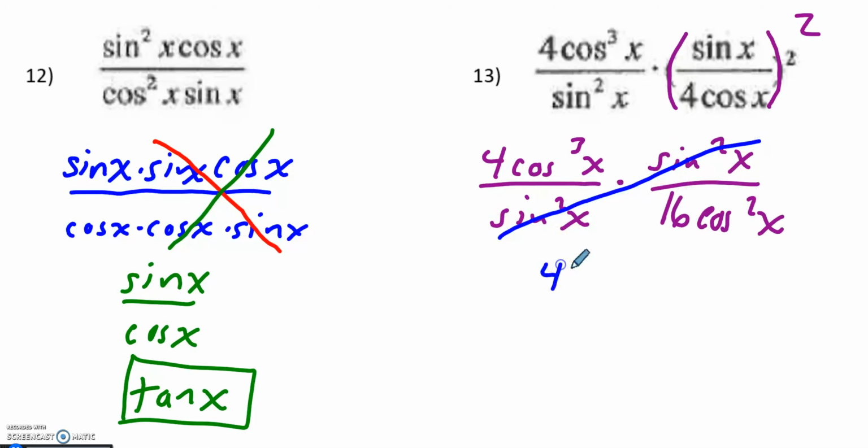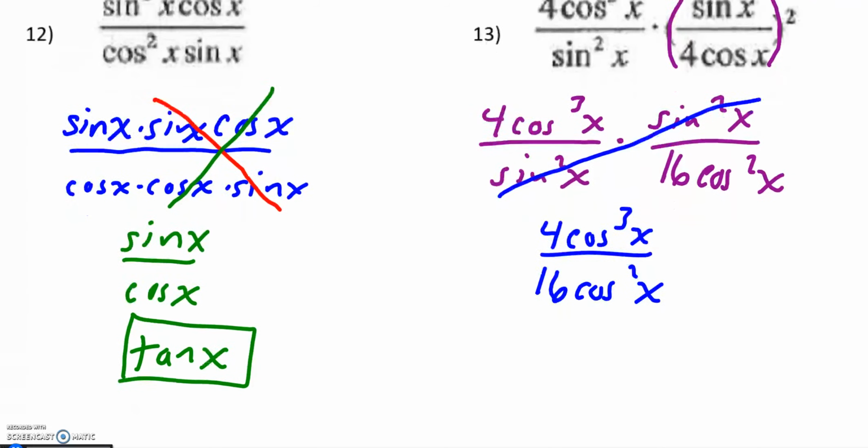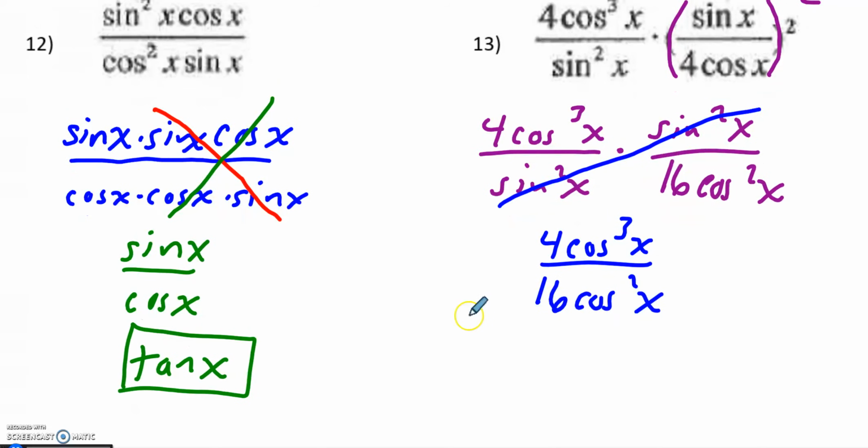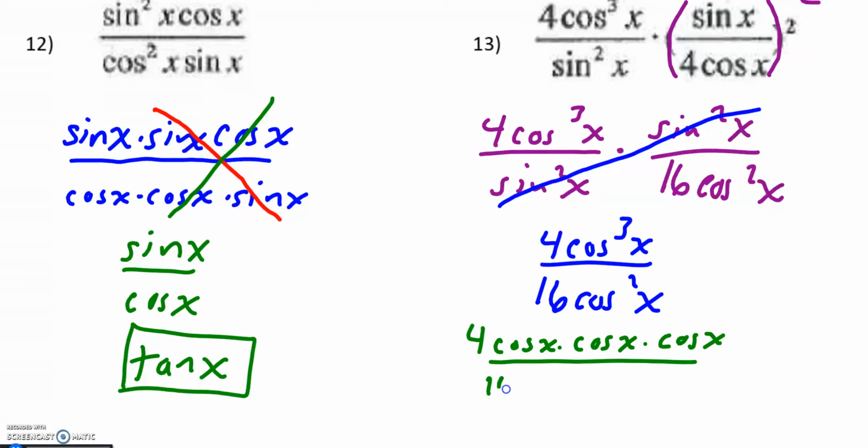So if I write what's left over a little bit more neatly, I have 4 cosine cubed of x over 16 cosine squared of x. Now, if there's 3 cosines on the top and 2 on the bottom, we're going to have 1 left in the numerator. But if we want to write our answer out the long way, we have 3 cosine of x's on the top, and we have 2 cosine of x's on the bottom.